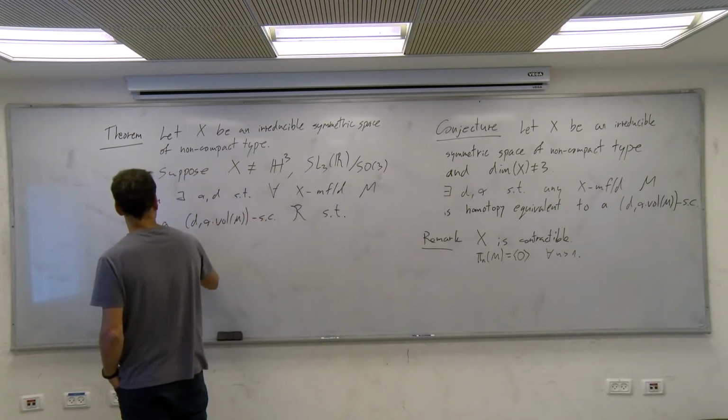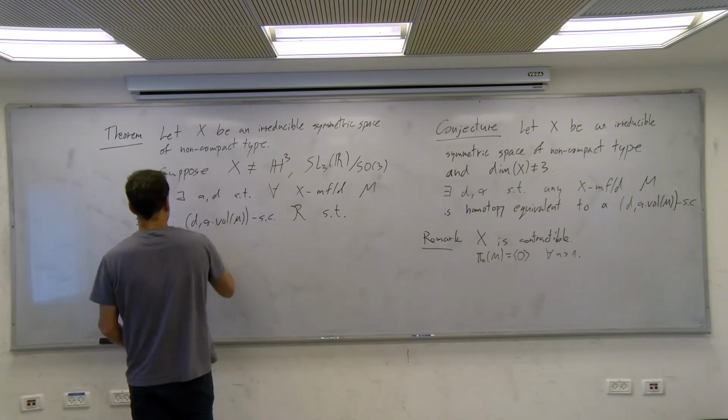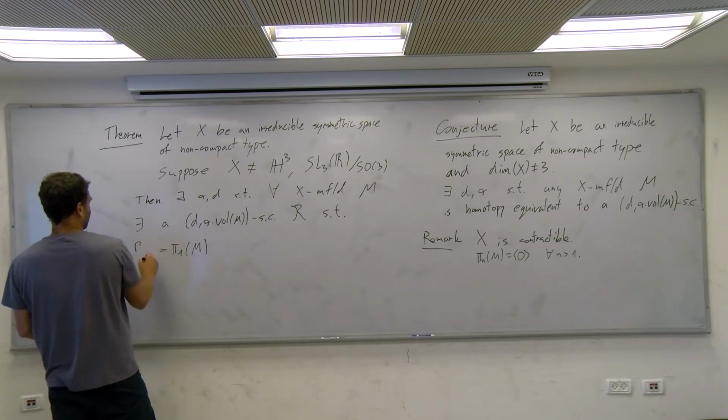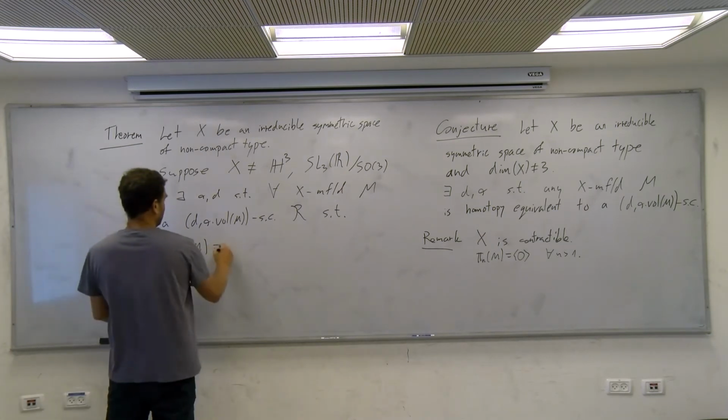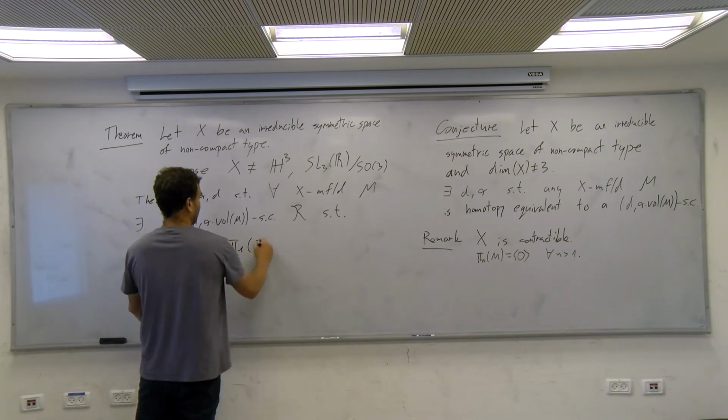But I do know how to say that pi 1 of M, which is my group gamma, is the same as pi 1 of R.